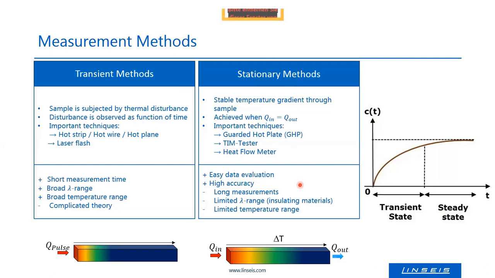The working principle is that you have a sample, with a hotter plate on one side and a colder plate on the other, and you wait until you have a constant temperature gradient within the sample. The heat flux is measured, and from the heat flux and the delta T, the thermal conductivity can be easily calculated.